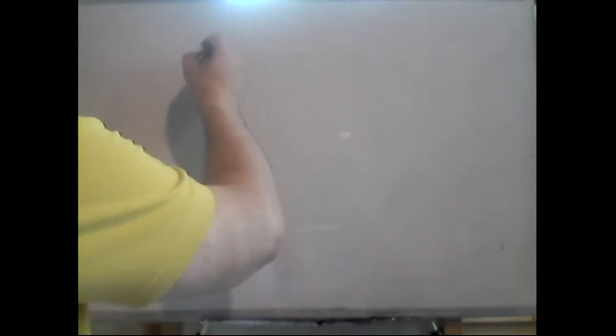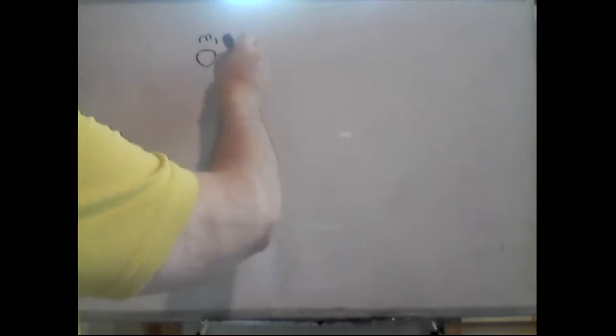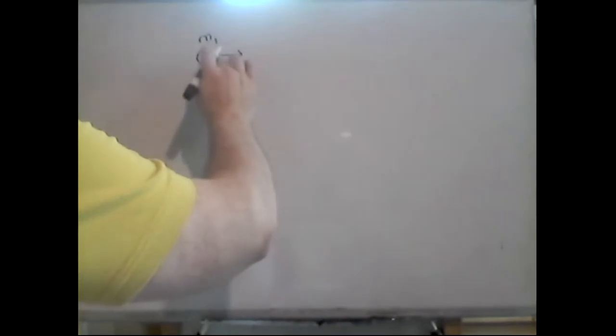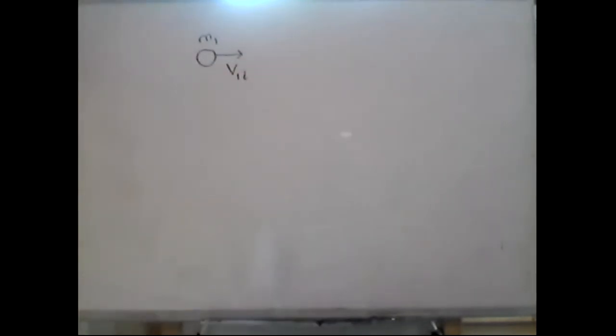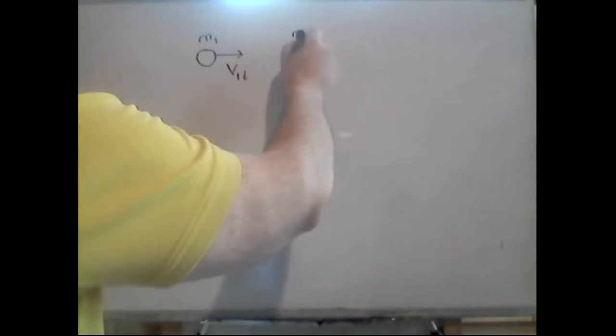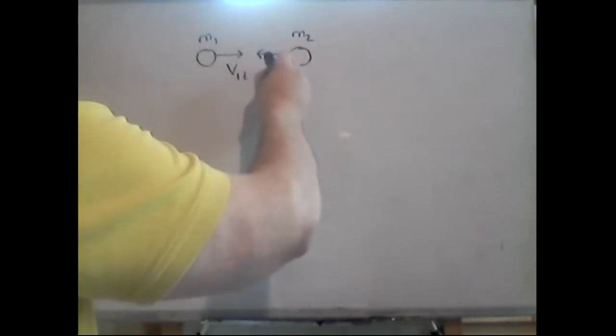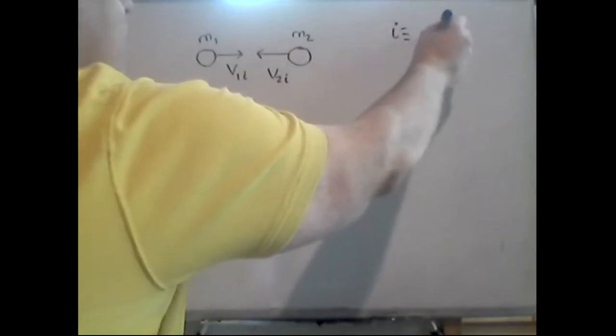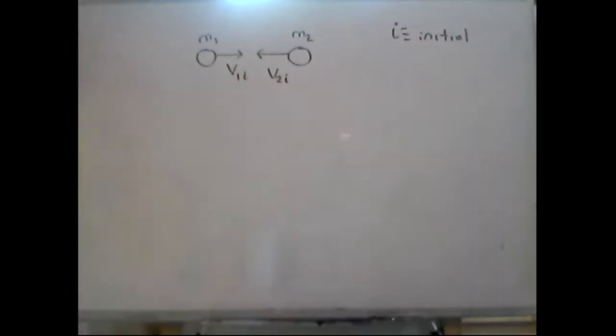And I'm going to consider a very simple example. You can imagine two billiard balls striking each other. Let's imagine I have two balls. I have a mass m1 going at initial velocity v1I. I'm just going to leave off the vector hat for the moment. I have another ball, m2, going at initial velocity v2I. I stands for initial.